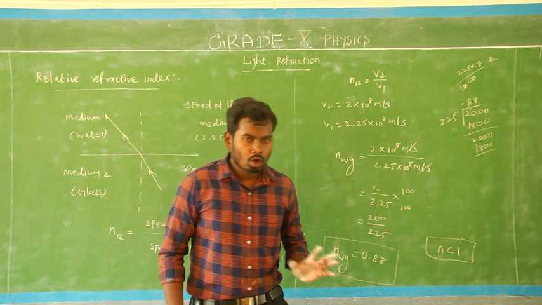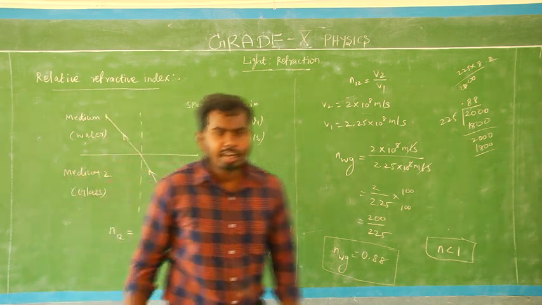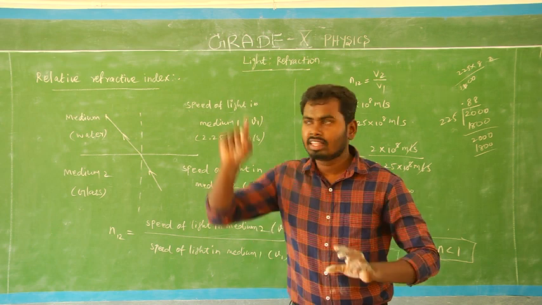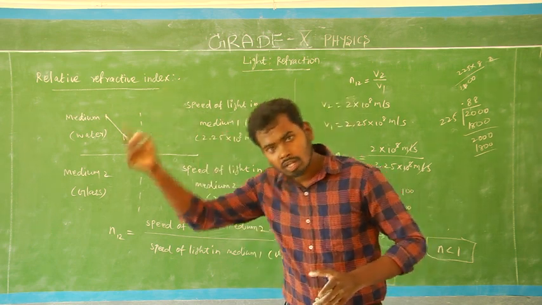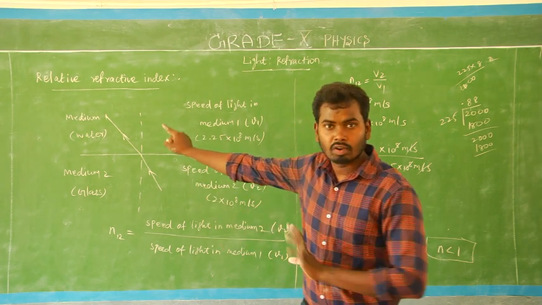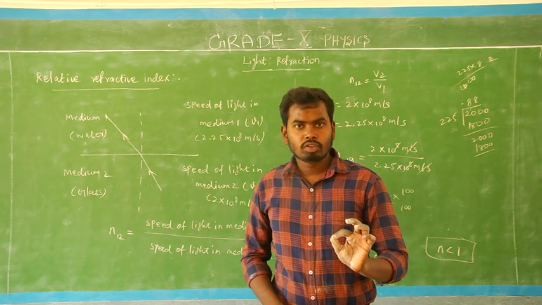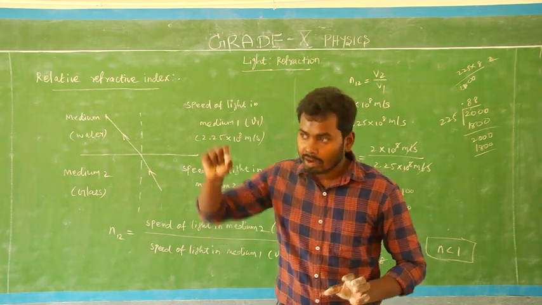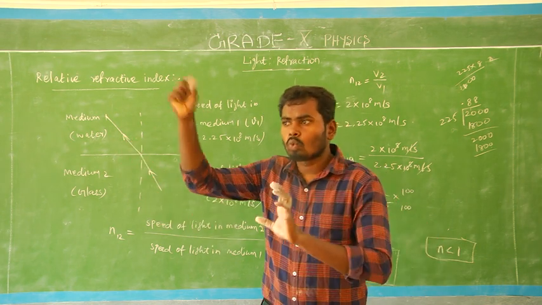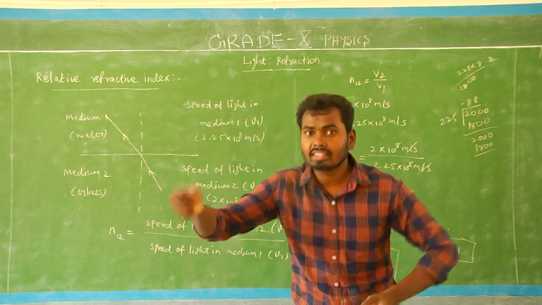Very simple. So come to the point: this is relative refractive index. In relative refractive index, the n value can be greater than 1 or lesser than 1. If the n value is greater than 1, light speed decreases.